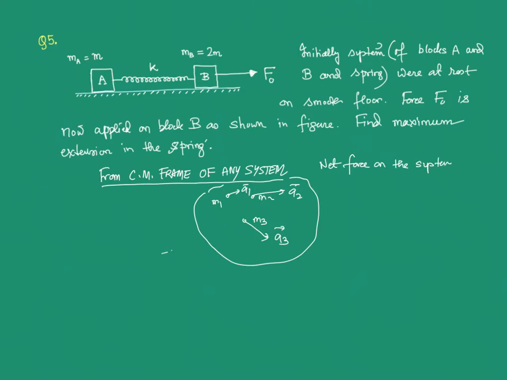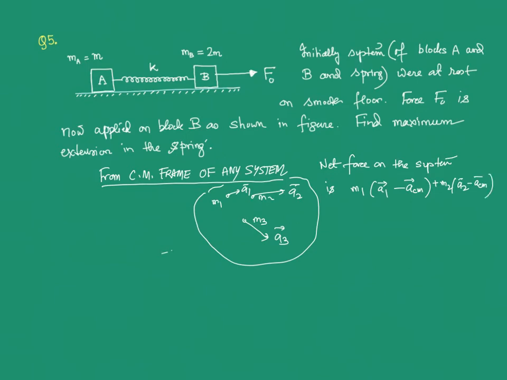The net force on the system is m1 into a1 minus ACM, plus m2 into a2 minus ACM, because it is from the CM frame.